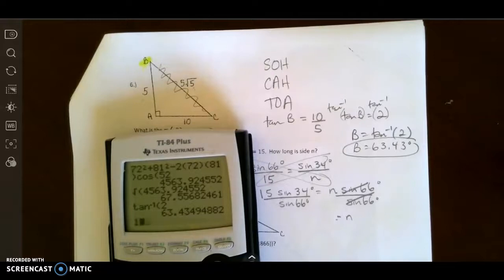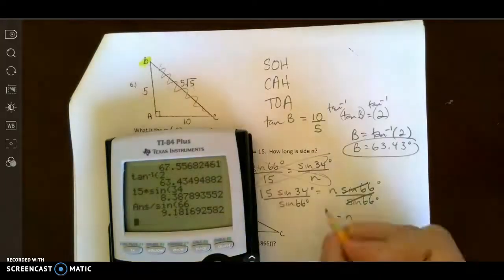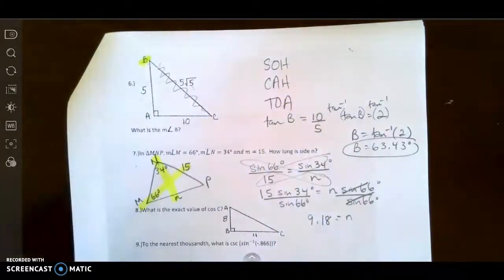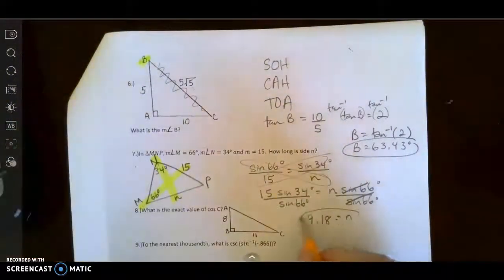So I've got 15 times the sine of 34 divided by sine of 66. And n is 9.18. There we go.